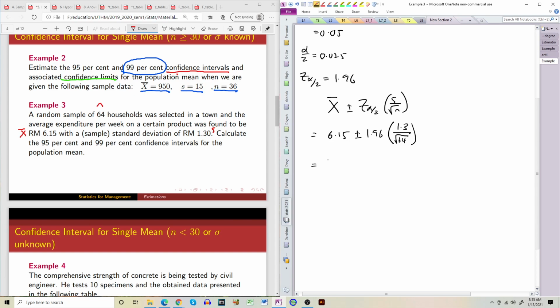So if you do this, I will give it in interval form, a bracket form. If you do this, what do you get?